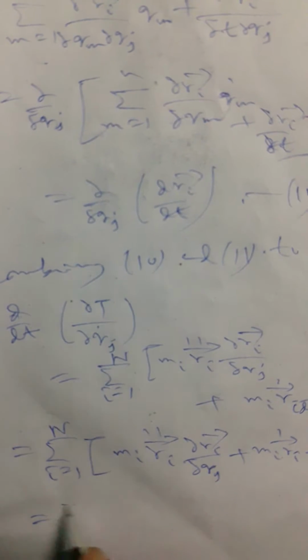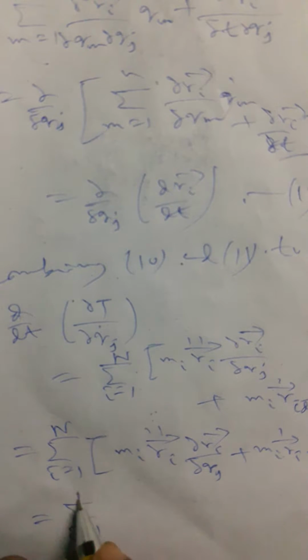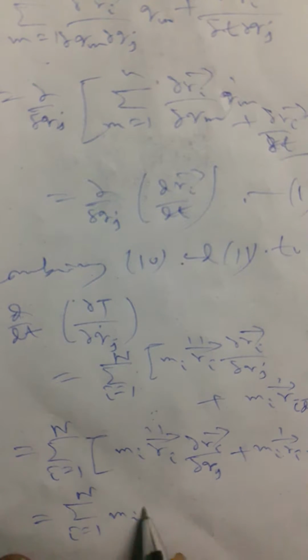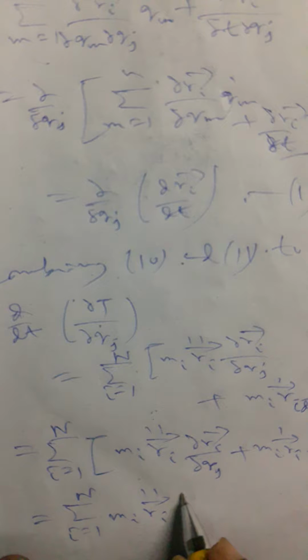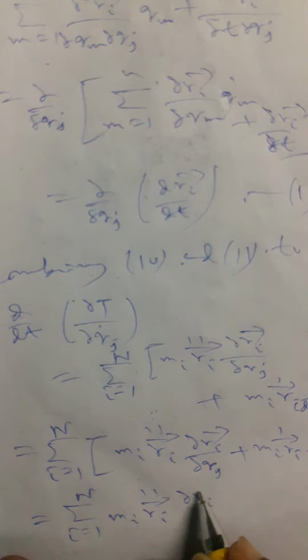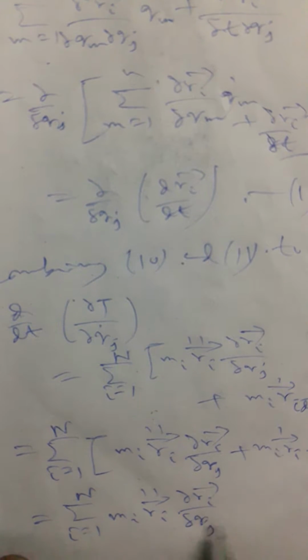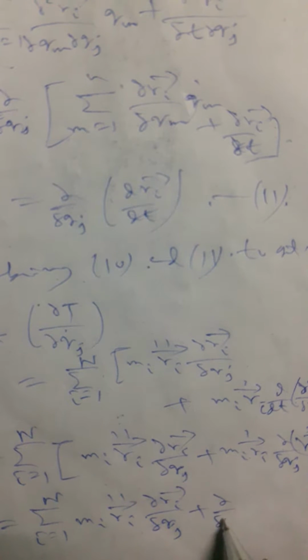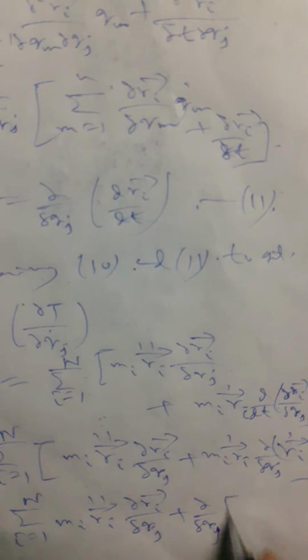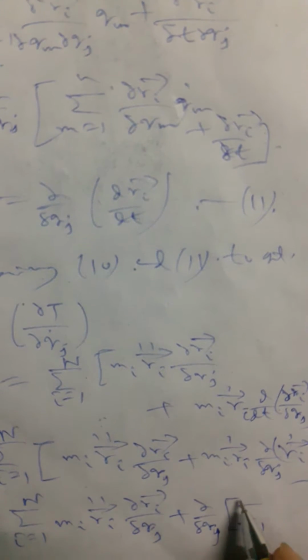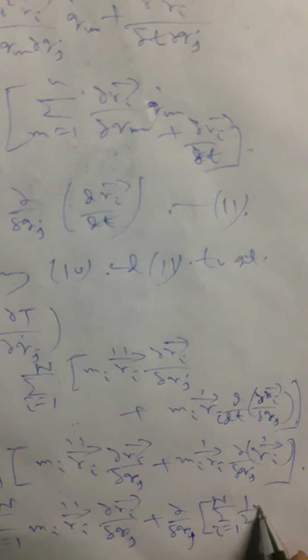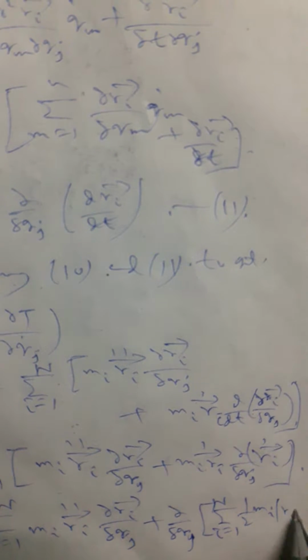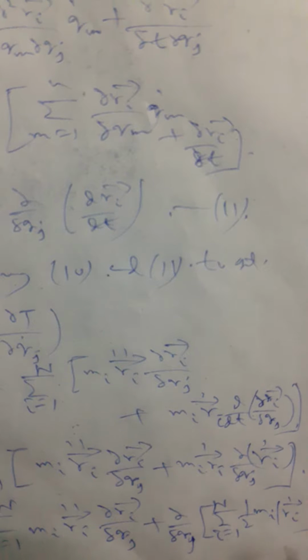So it can be written as the sum of i equals 1 up to capital N, mi r̈i ∂ri/∂qj plus ∂/∂qj of the sum of i equals 1 up to capital N, half of mi mod of ṙi square.